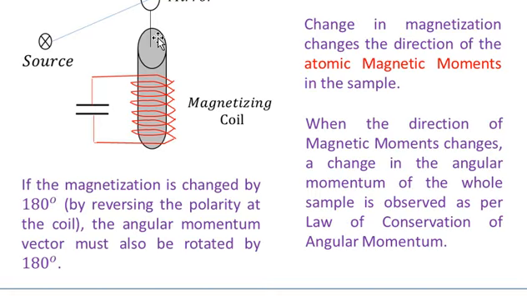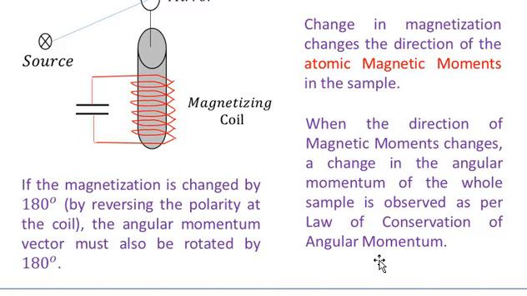So you see that in this sample, when the polarity of the magnetic coil is switched by 180 degrees, then of course all the angular momentums of the individual atoms in this material will be rotated by 180 degrees. So when the direction of the magnetic moments changes, a change in the angular momentum of the whole sample is observed as per the law of conservation of angular momentum.